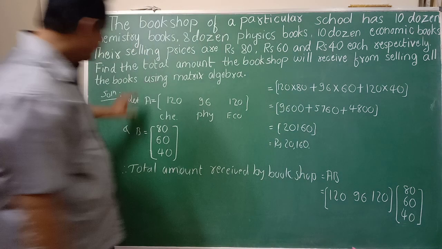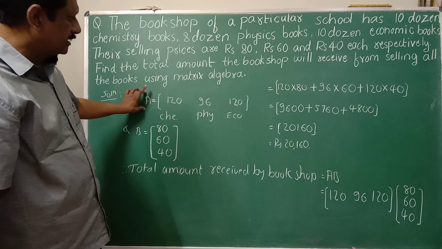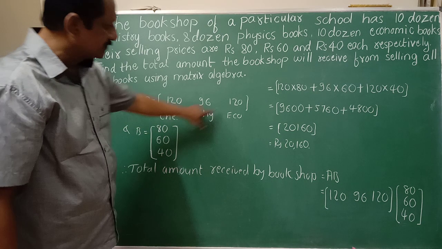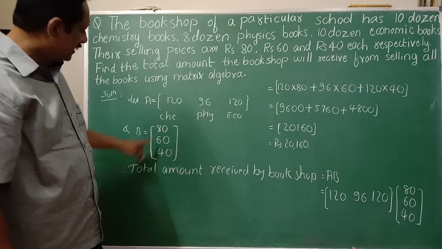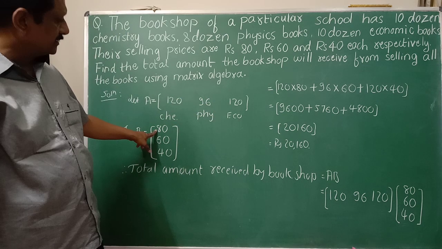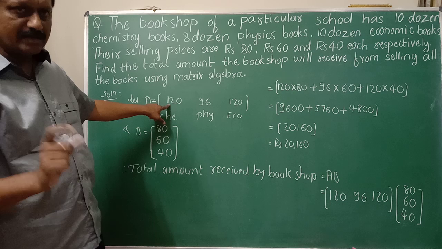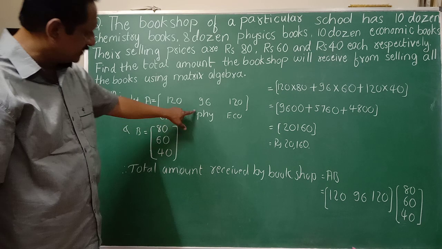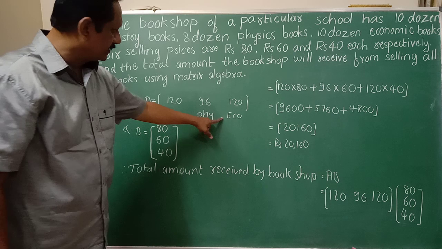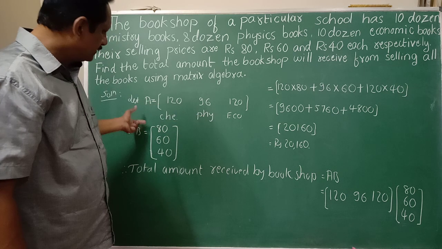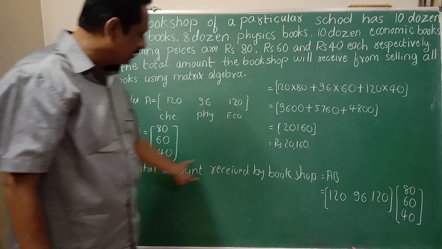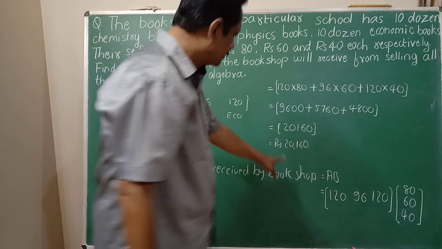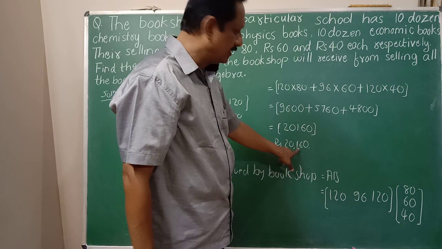Here A represents the total books he has: 120 chemistry books, 96 physics books, and 120 economics books. And 80 rupees is the selling price of each chemistry book, 60 rupees for physics and 40 rupees for economics. Just multiply, and it gives the total amount received by the bookshop. Therefore, the total amount received by the bookshop is rupees 20,160.